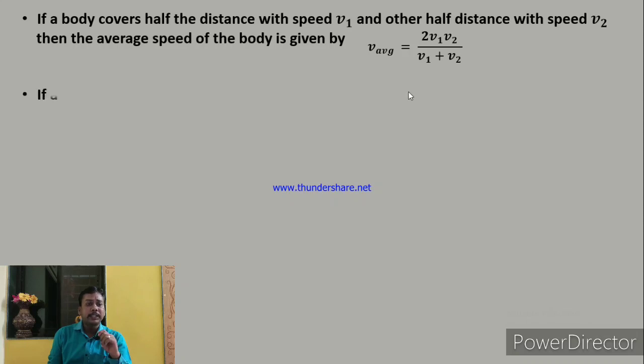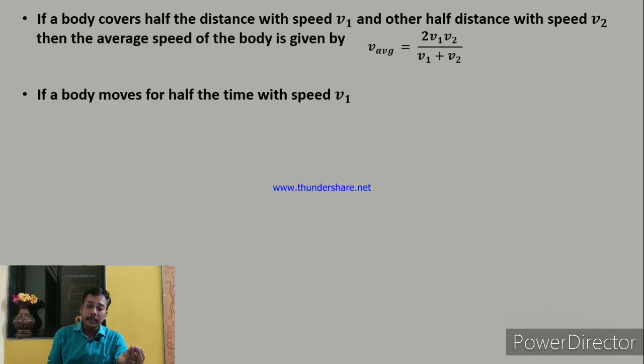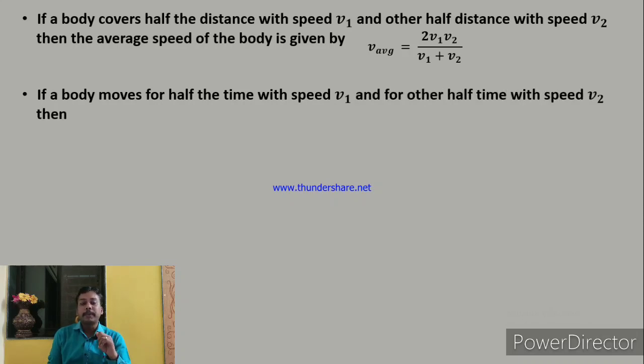Similarly, the next condition is if a body moves for half the time with speed v1 and for the other half time with speed v2, then the average speed of the body is given by... Here distance is divided into two equal halves. Now here total time is divided into two parts. So half the time the body moves with speed v1 and half the time with speed v2.